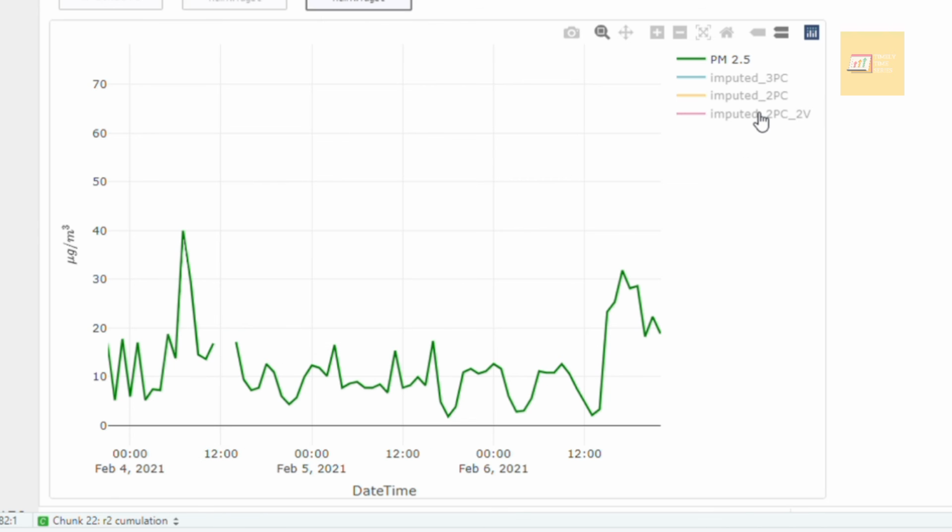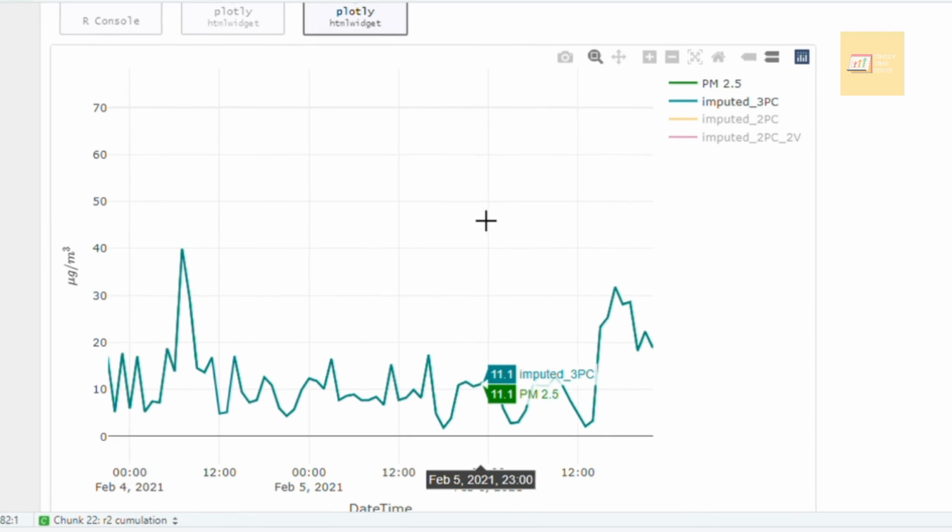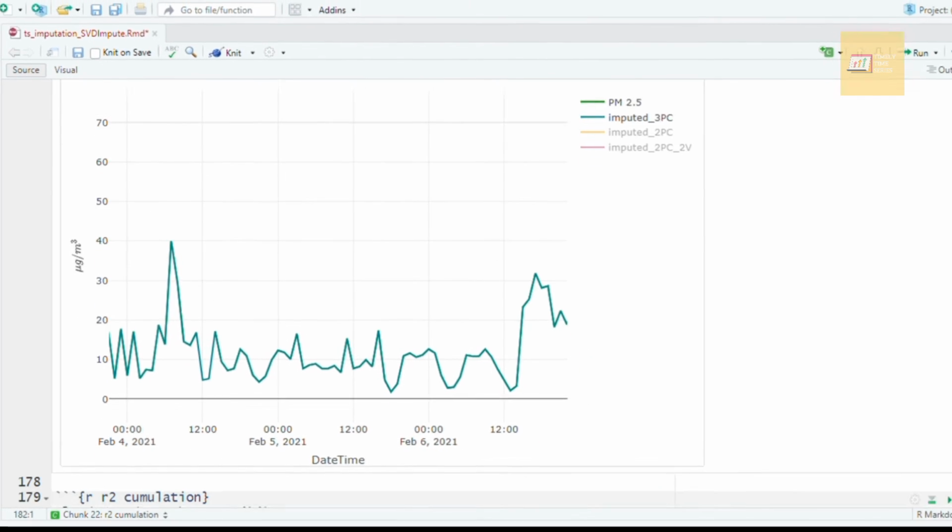If we impute it using only 2 variables, we get it like this. But if we impute it with 2 principal components but 7 variables, this is what we get. Again, at the end of the day, we cannot really choose which one, but I will personally choose either the imputation by 2 principal components, the yellow line, or the blue line, because in general, the imputation makes more sense.